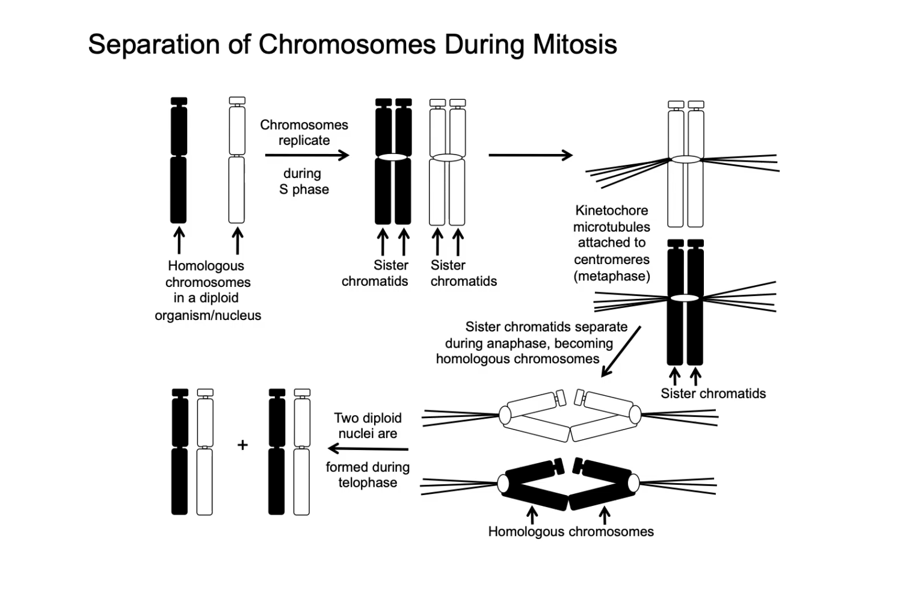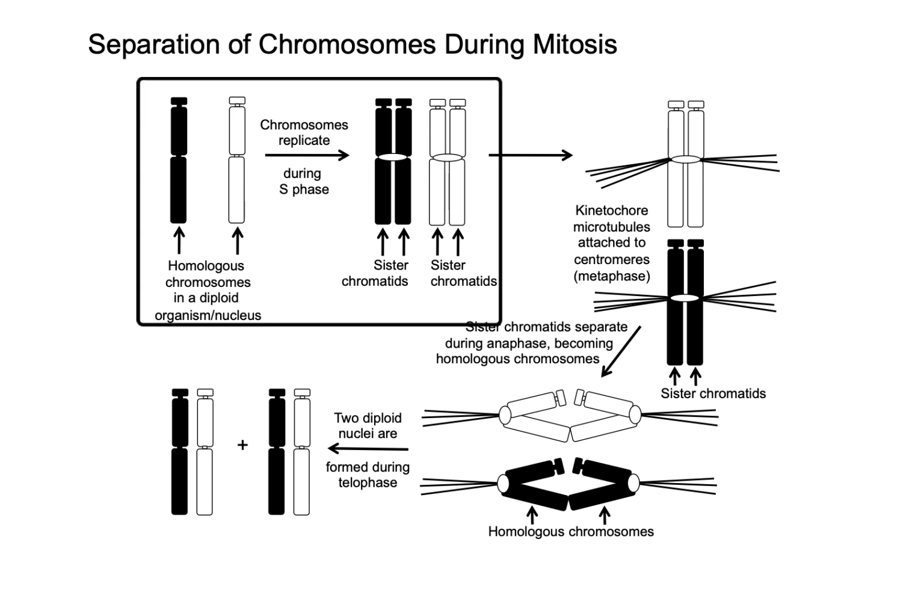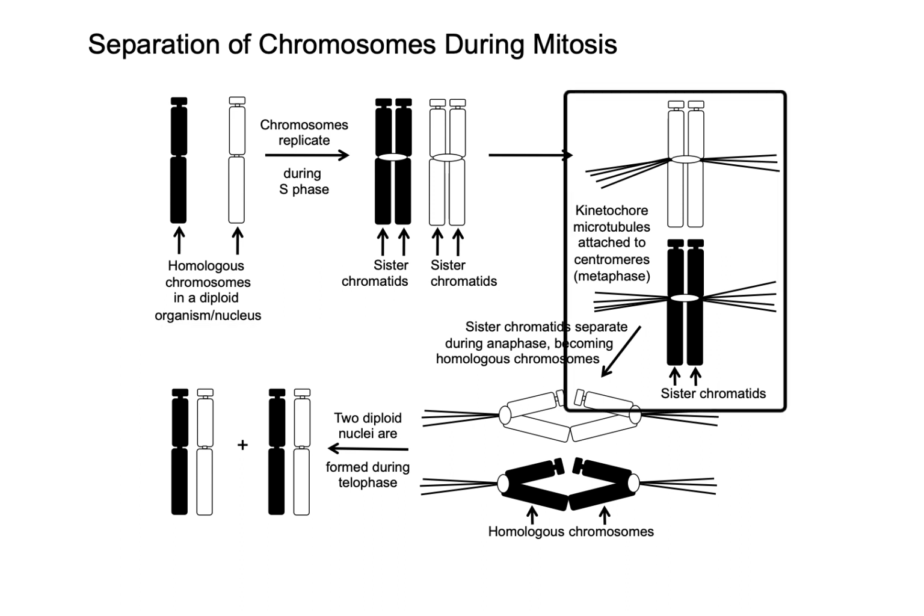This is a diagrammatic representation of what's going on with the chromosomes during separation in mitosis. Initially in the S phase, you have these homologous chromosomes, one coming from each parent, duplicating. So now you have these chromosomes that have duplicated, and you have two sister chromatids rather than a single chromatid or chromosome.